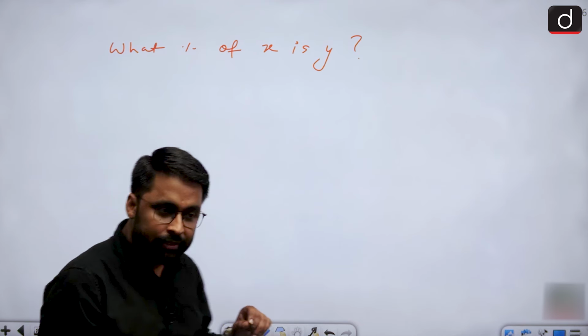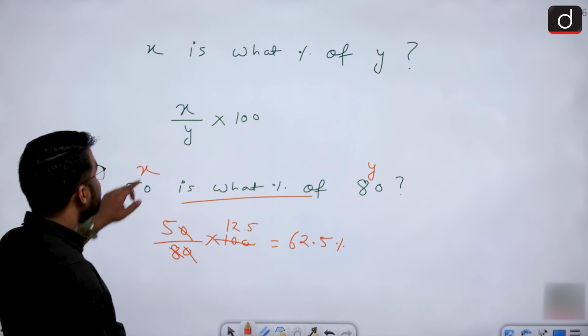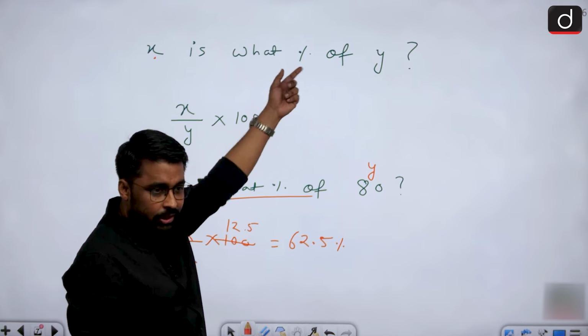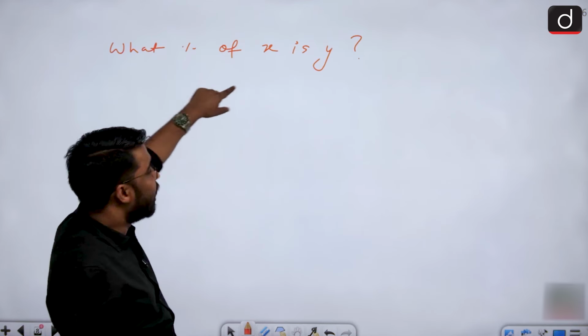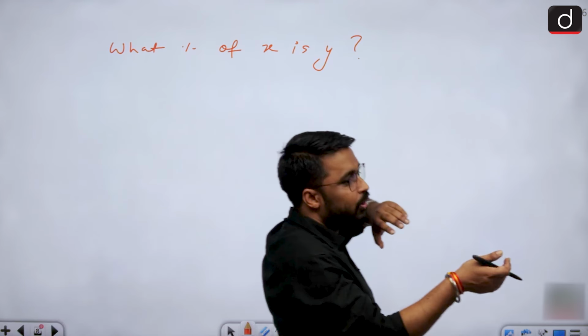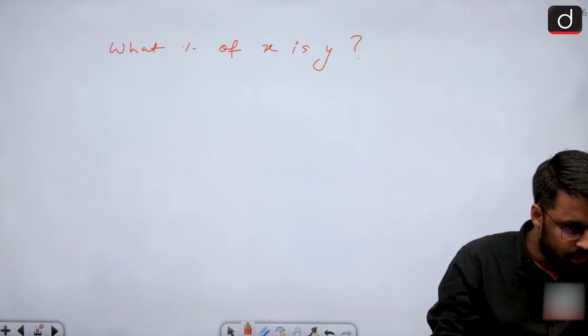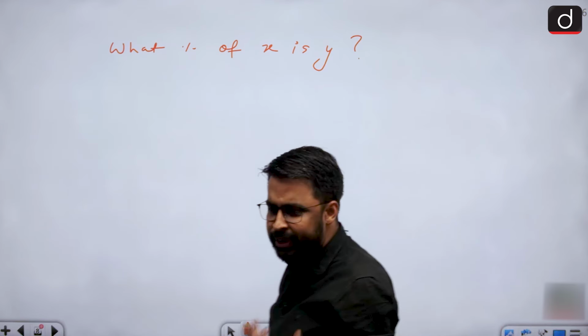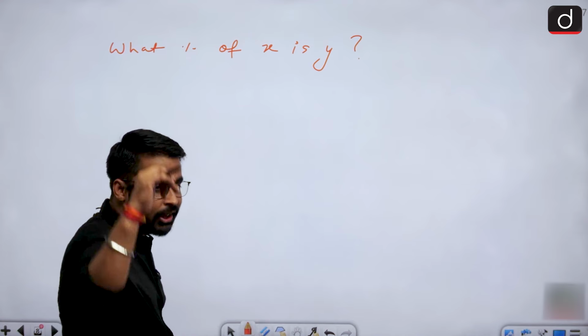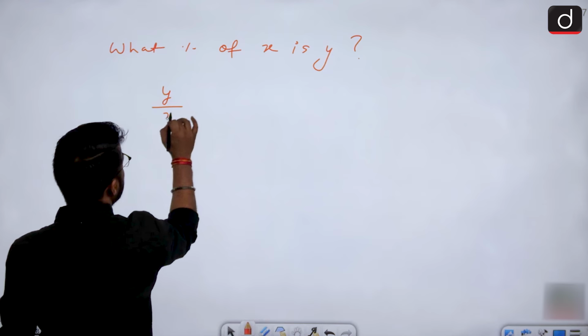And how do I know he reversed the language of the question? See, in my first syntax, X was present before the what percentage keyword. Now where is X? After the what percentage keyword. Since my examiner has reversed the language of the question, I will reverse my equation. Our equation used to be X by Y into 100. Its reverse will be Y by X into 100.